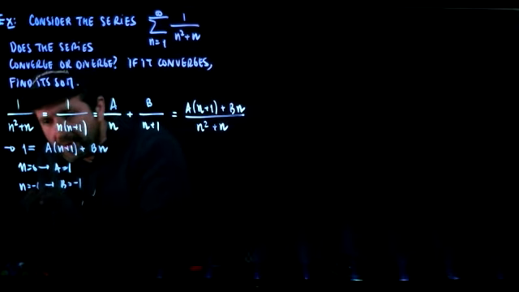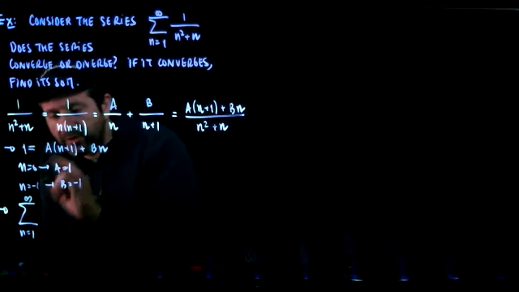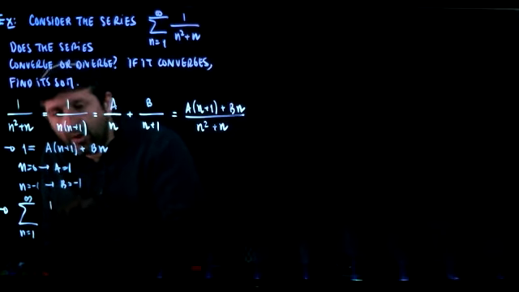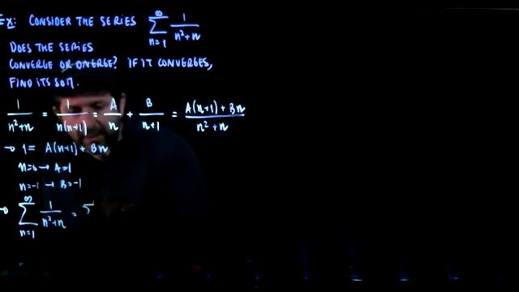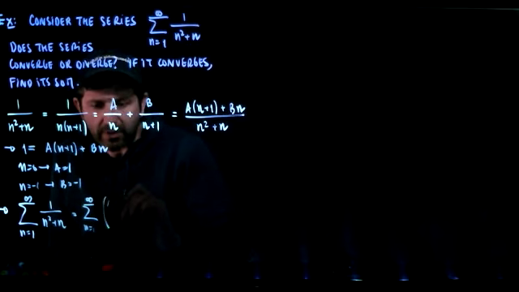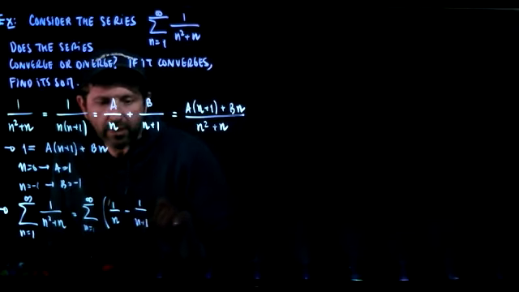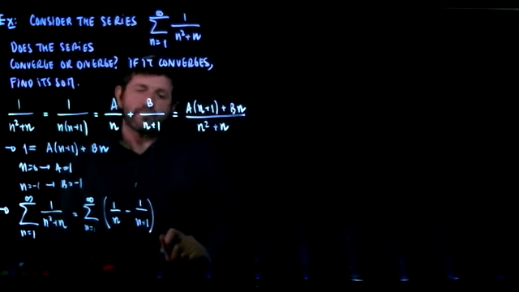So the series becomes the sum from n equals 1 to infinity of 1 over n squared plus n, which is the same thing as the sum from n equals 1 to infinity of A over n, which is 1 over n, plus B over n plus 1, which is minus 1 over n plus 1.